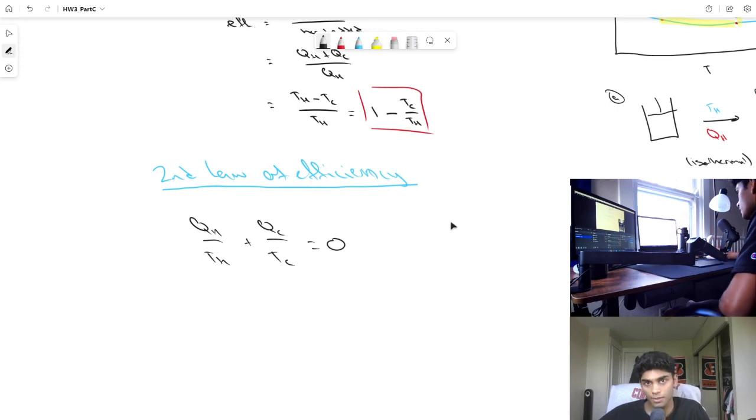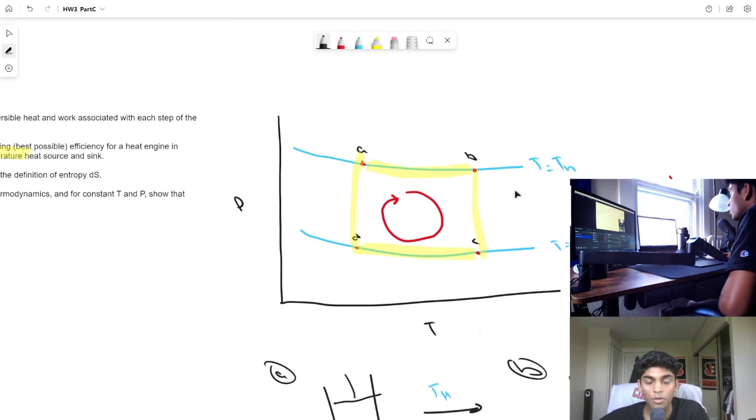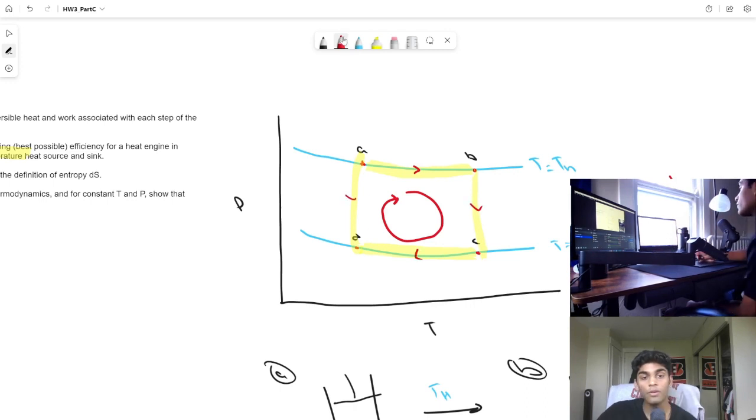And it kind of makes sense, because if we look at our Carnot cycle, the term cycle comes from the fact that if you start at any point along this line and you go along the cycle, you're going to end up at that same point.